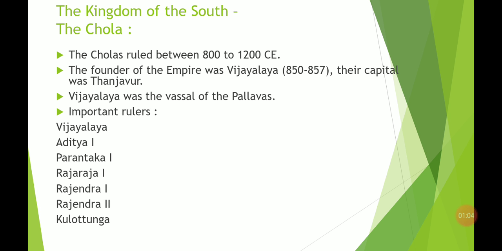The Cholas ruled between 800 and 1200 CE, so basically they ruled for approximately four centuries.